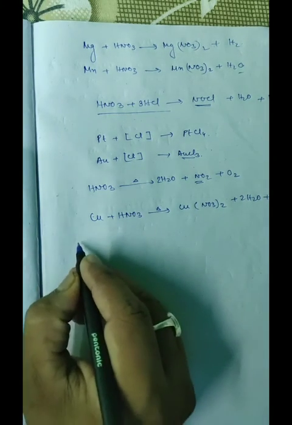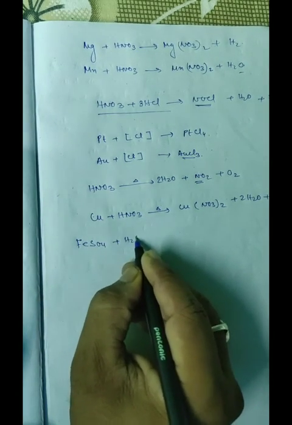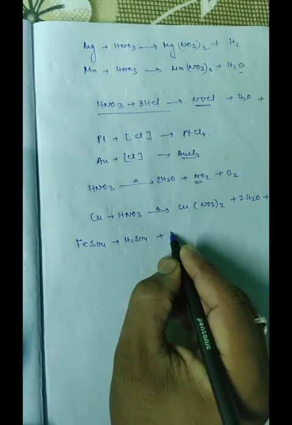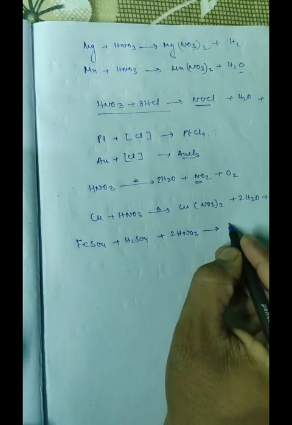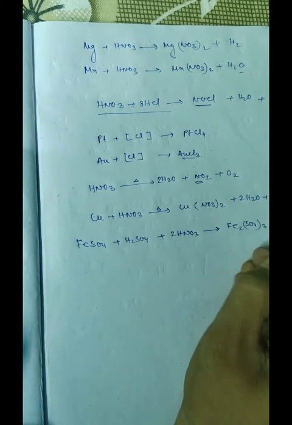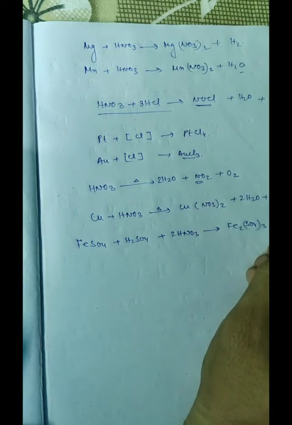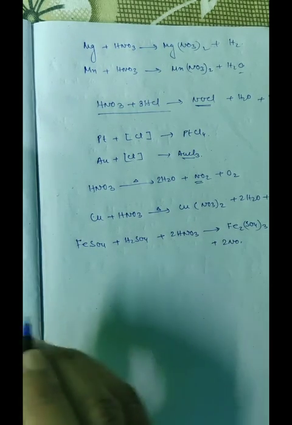See the reaction: when ferrous sulfate plus H2SO4 plus HNO3, it will give Fe2(SO4)3 plus water plus 2NO.